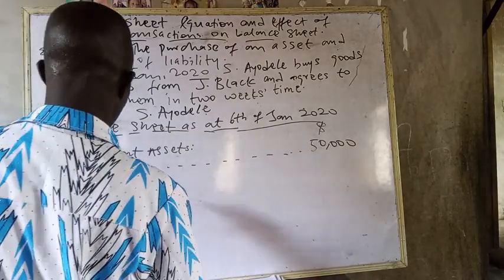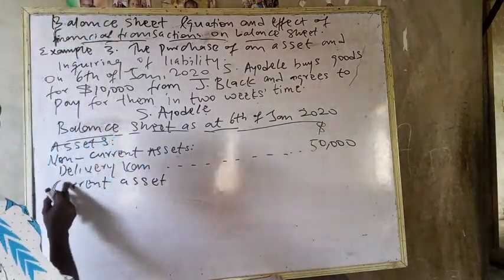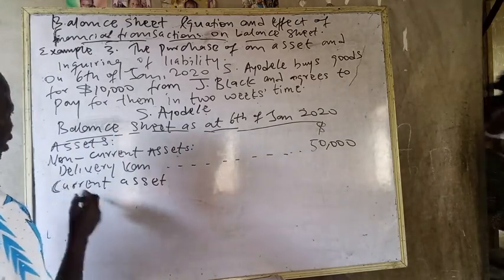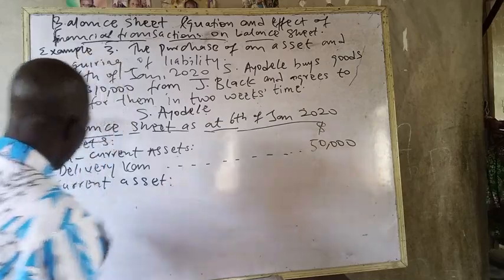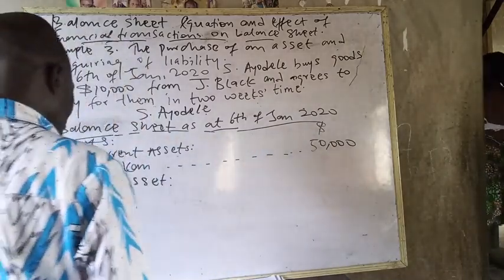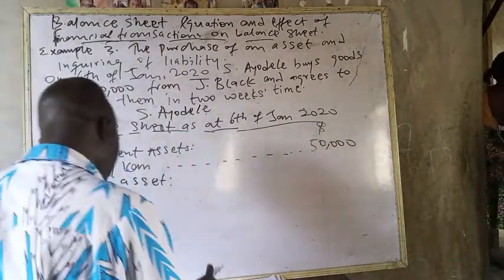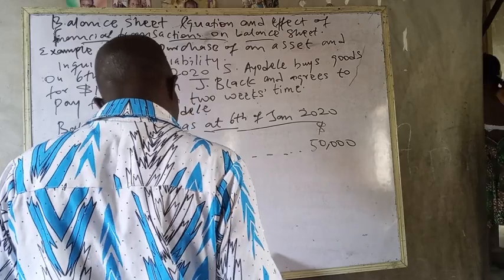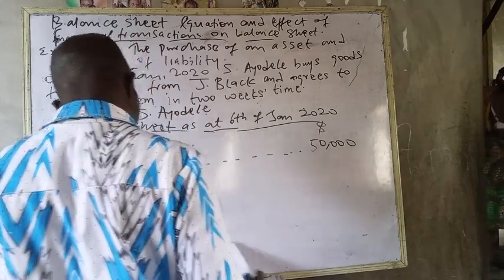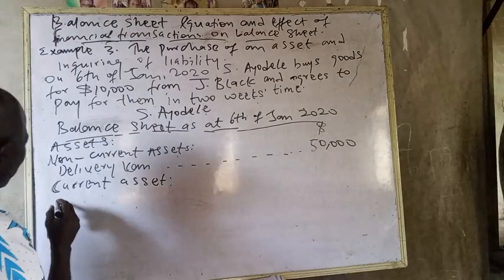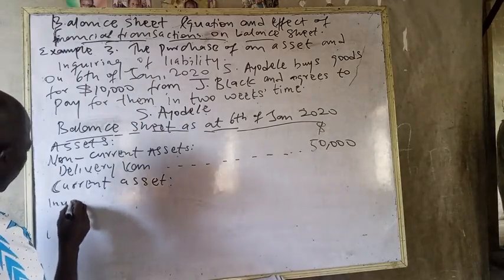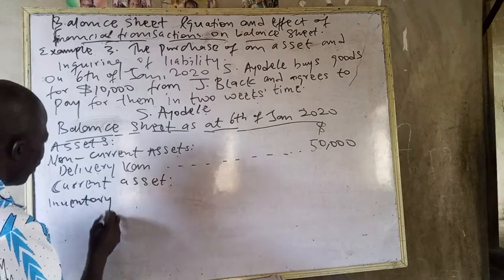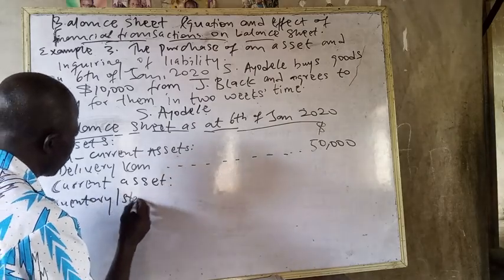So current assets. Under current assets, what do you have there? In the previous example, we had only bank. But in this case, we have inventory. Another name for it is stock.